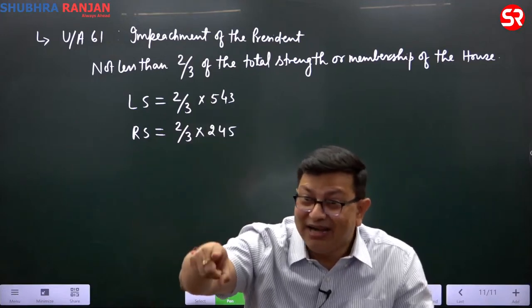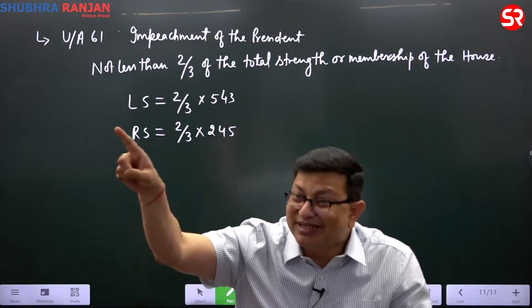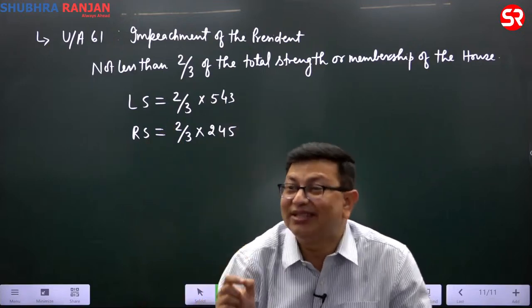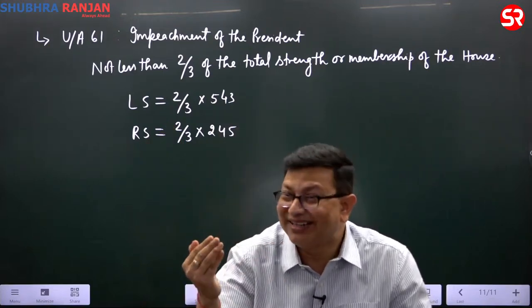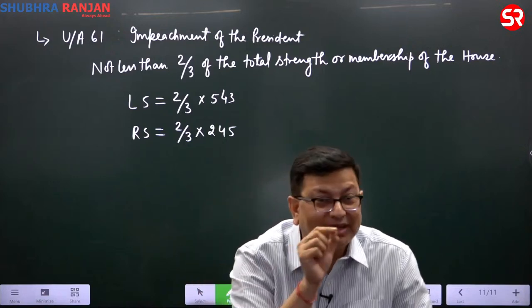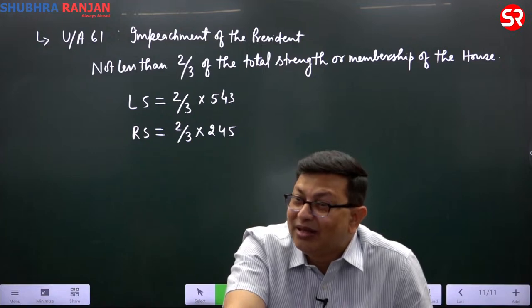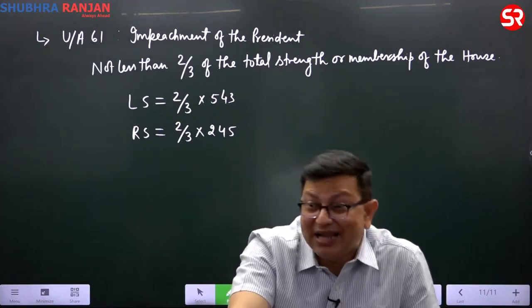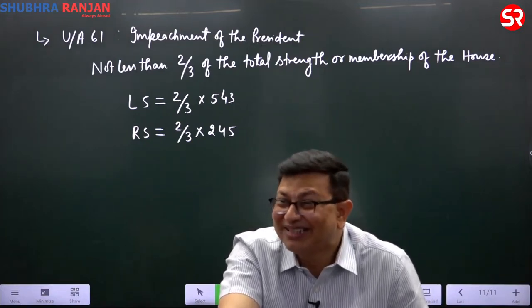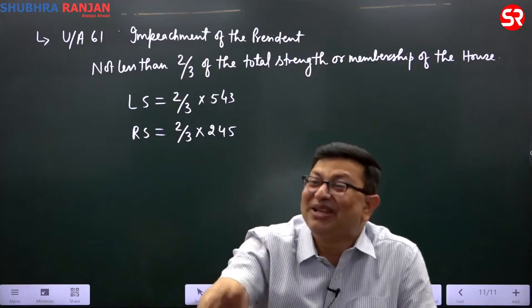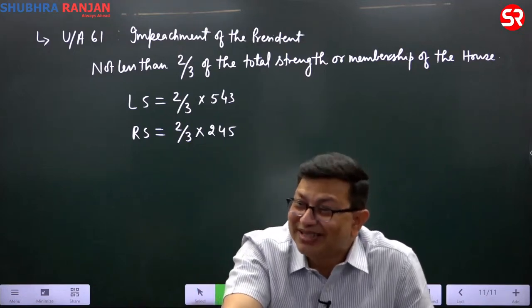Both the houses will request the president to remove the judge. It will be a type of prayer. And then the president will formally remove the judge. No, he has to. That is why it is termed as impeachment in loose terms.